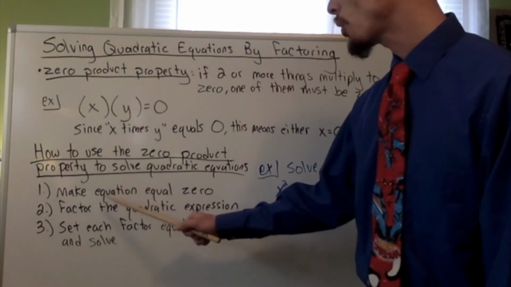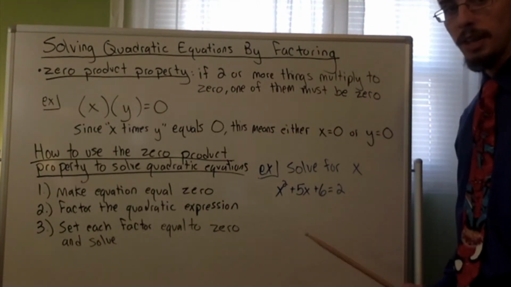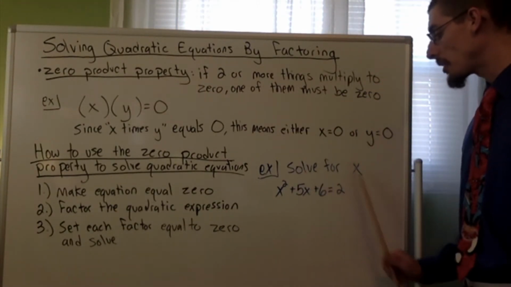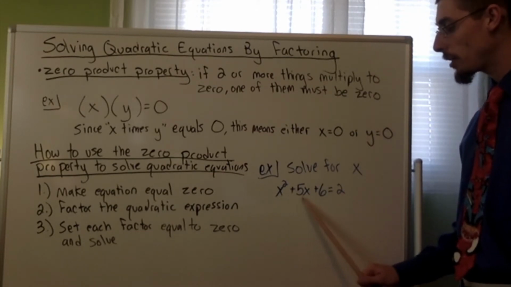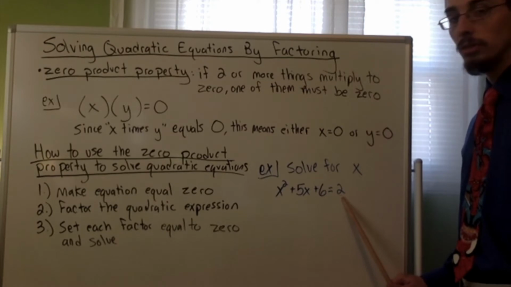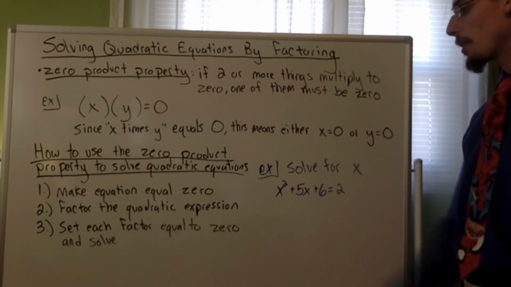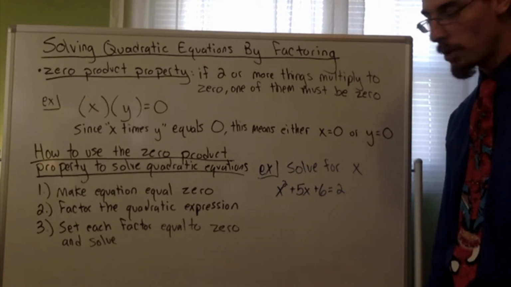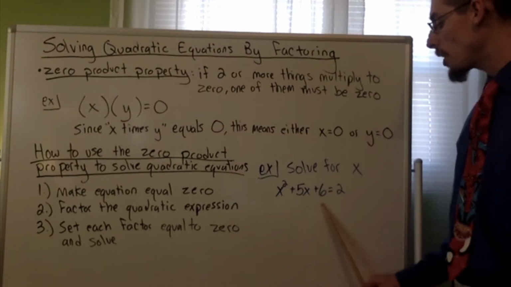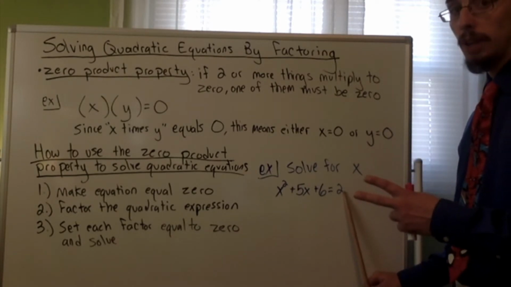So as I talk through these steps, let's work out an example. Over here, we're going to solve for x in this equation. x squared plus 5x plus 6 equals 2. Now, the first step says to make the equation equal to 0. So right now, the equation does not equal 0, it equals 2, right?